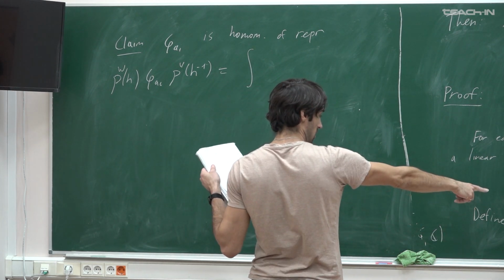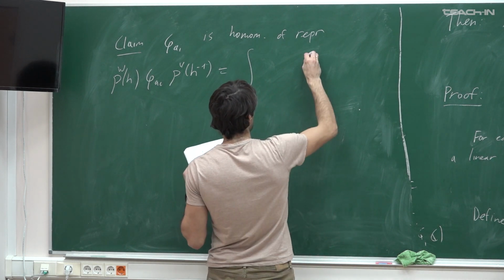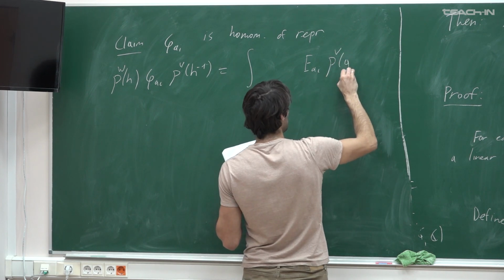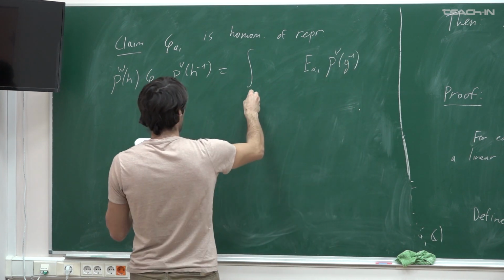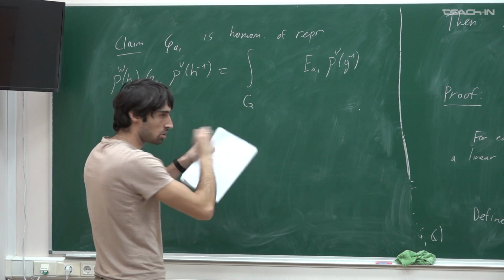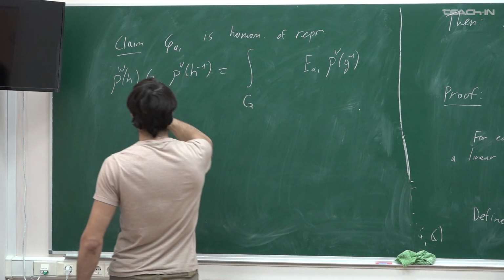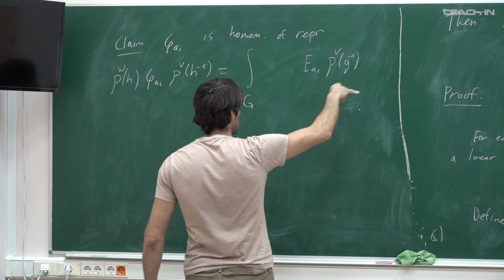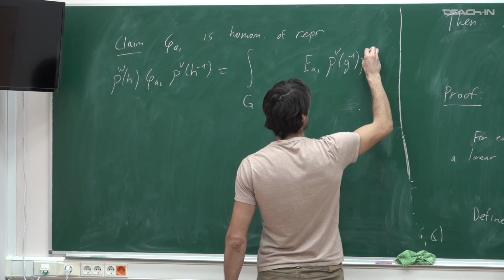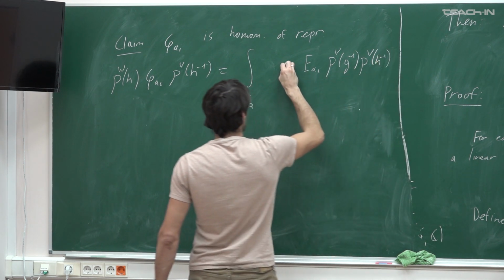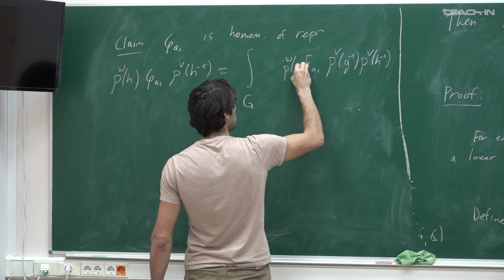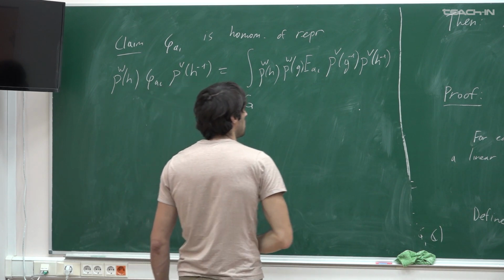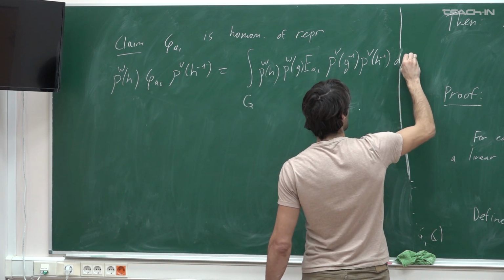So we just plug in the definition of phi, right? So I will have E_{a,i} rho_V(g^{-1}), but the integral is linear, so it commutes with linear maps. So this conjugation is just some linear thing that I put inside the integral. So I will have rho_V(h^{-1}), and here I will have rho_W(g), rho_W(h), and d mu(g).